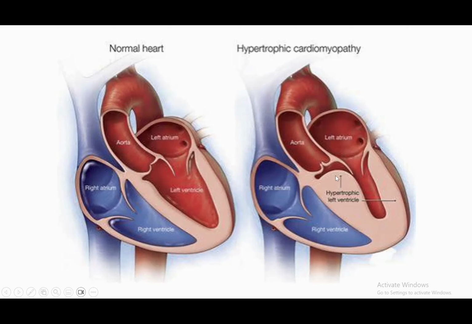Hypertrophic cardiomyopathy can come in many forms, in maybe the whole ventricle, the lateral wall, or the right ventricle, but all these are managed medically.